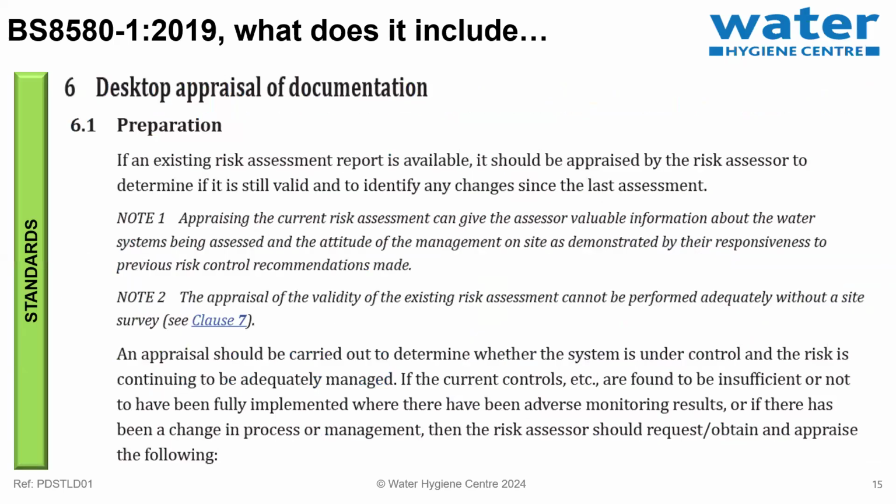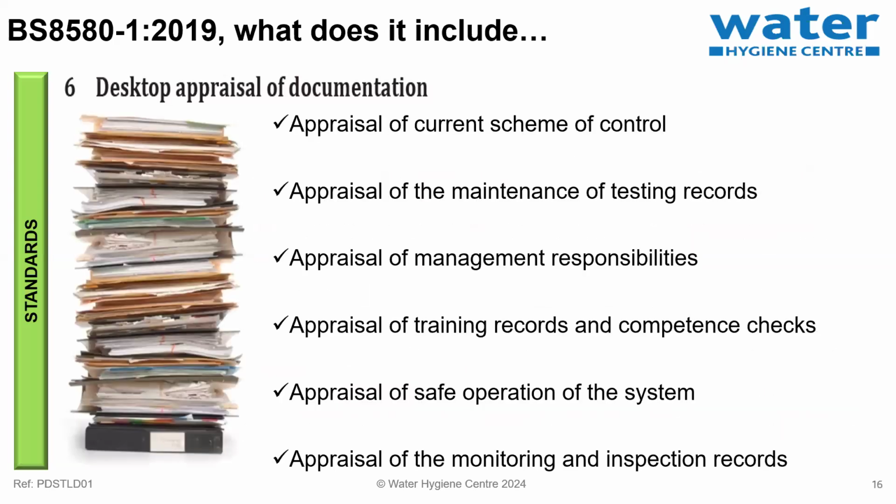And that condition survey that I mentioned earlier, it's not just a look at the water systems, take some temperatures and notes on the status of condition. Is it functioning? Yes. Does it deliver water at this? This is not a risk assessment, or this is not deemed to be a risk assessment anymore. In order to assess the risk, you need to consider how the risk is currently being managed. So we appraise the current scheme of control. We appraise the maintenance and testing records.